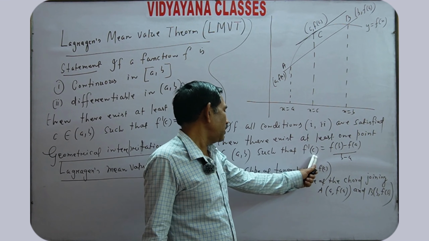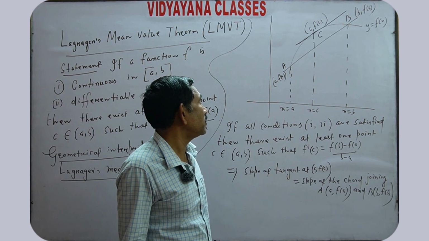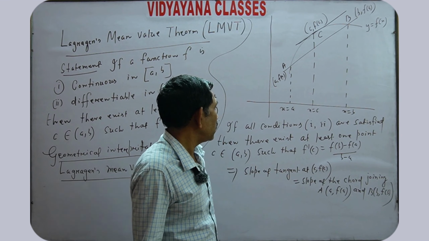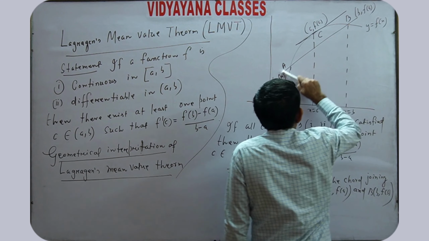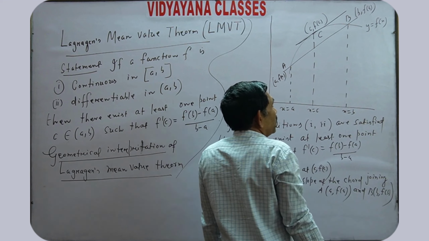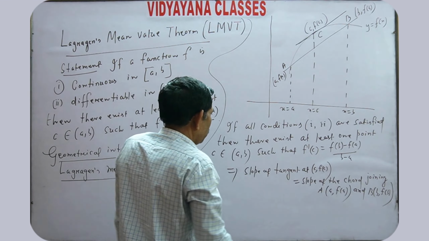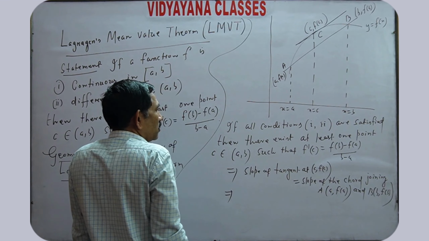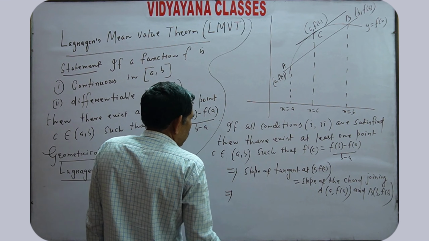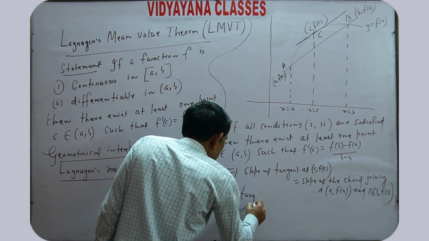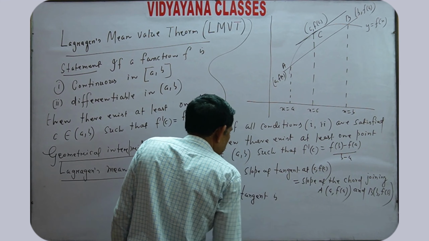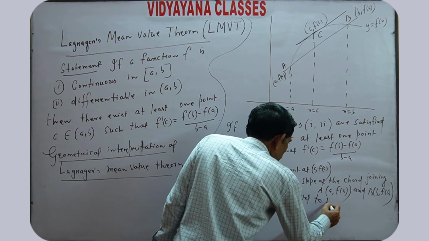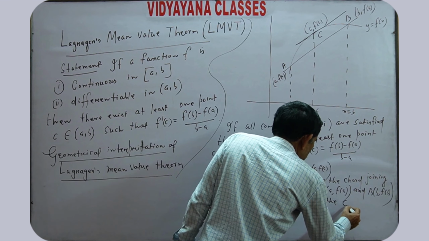Clear? f dash c means slope of the tangent to the curve at the point c, f(c). And this f(b) minus f(a) divided by b minus a is y2 minus y1 divided by x2 minus x1. That means slope of the chord AB, which implies slope of the tangent at this point is parallel to the chord.